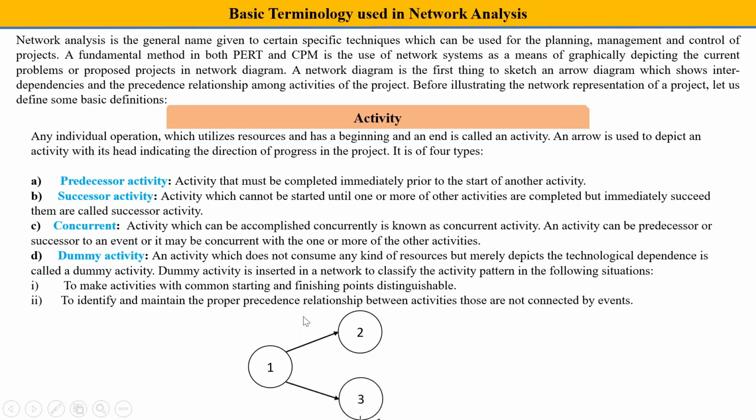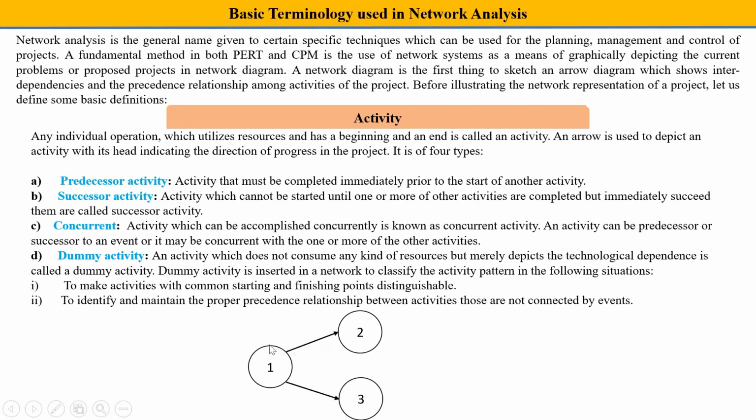So for an example, let's see this arrow. This arrow is an activity. Always remember this. This arrow is an activity, where this part shows a tail and this shows a head. Now there is another activity connected with events. These circles are known as events, nodes, and so on. So this is an activity, this is an event.